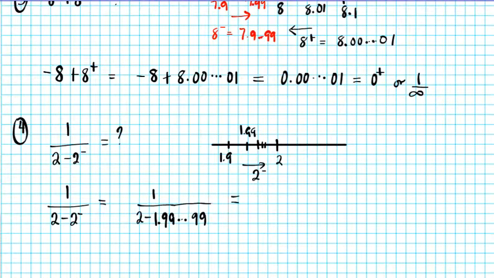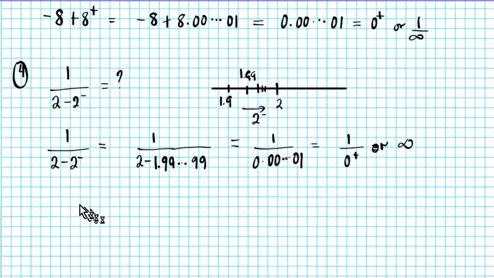When you subtract these two, you're going to end up with 1 over 0.00, infinite number of zeros, 0, 1, which is equal to 1 over 0 from the right. 1 over a very, very small positive number is the same thing as what? Infinity.